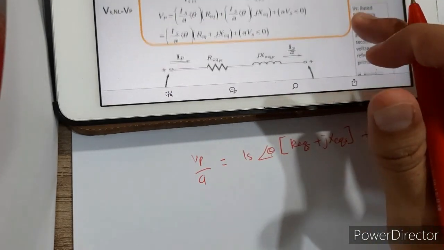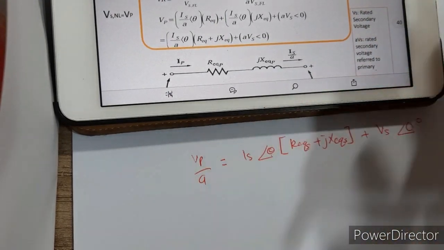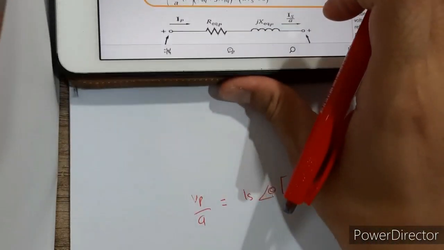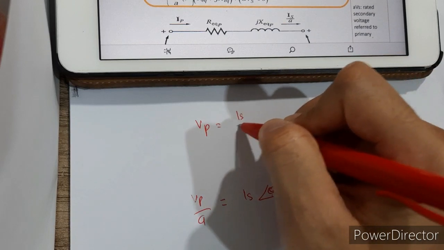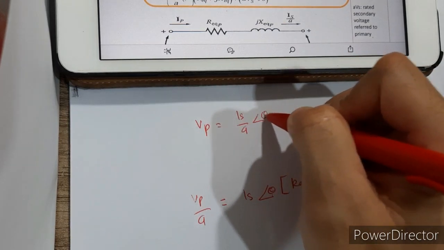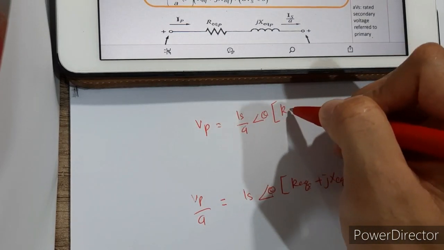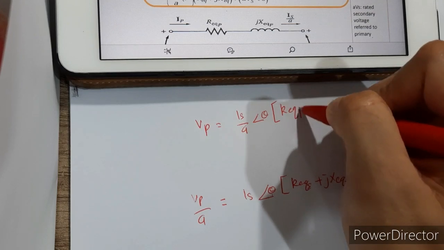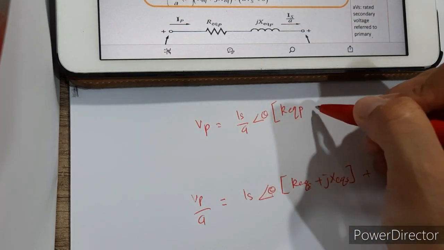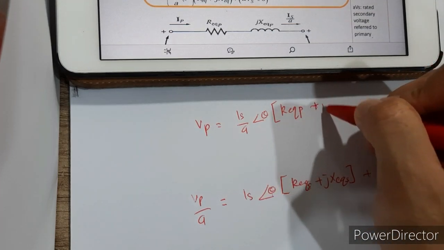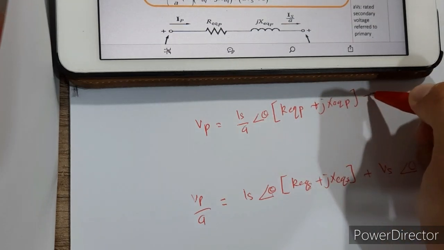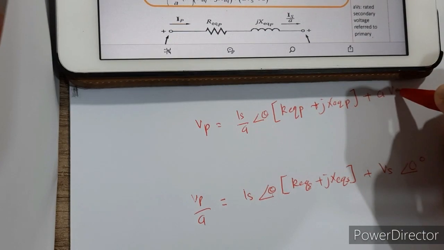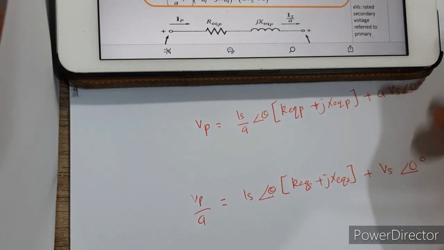Okay, and for the primary side, you can write VP equals IS over A angle of theta multiplied with R equivalent P, because we refer to primary, plus jX equivalent P, and then plus AVS angle of 0 degree.